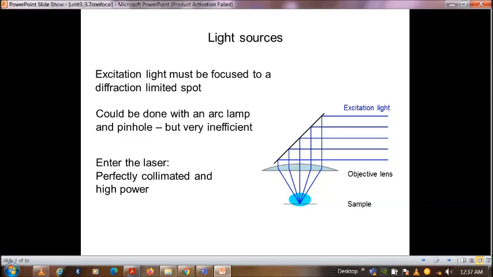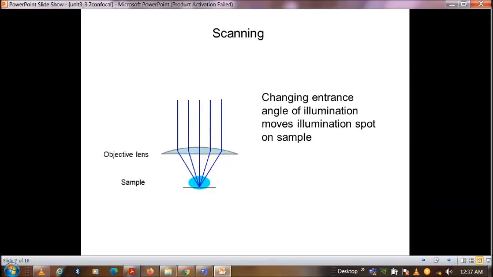It could be done with an arc lamp and a pinhole, but that is very inefficient. Most of the time we use a laser, since it is perfectly collimated and high power is received. And for scanning, the objective lens is used, which changes the entrance angle of illumination and moves the illumination spot on the sample, so that we have the lens present over there.